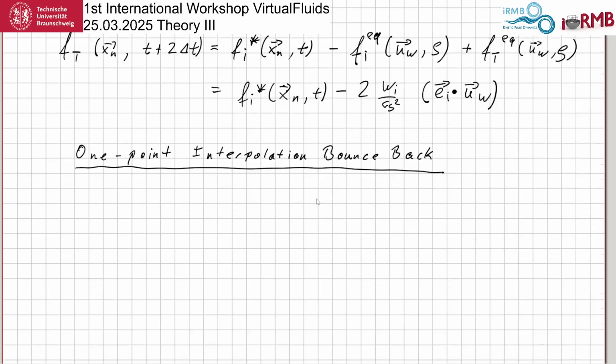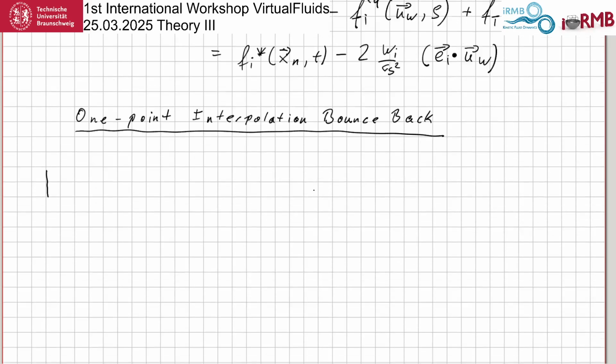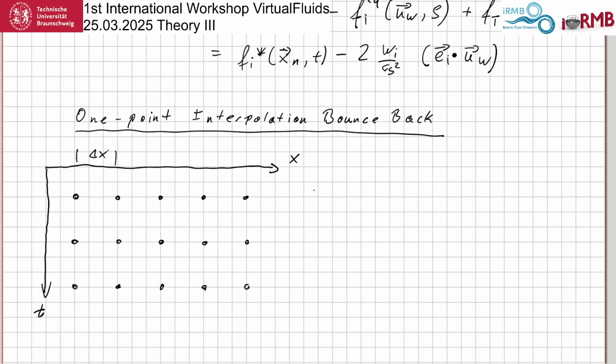For this, we need to look into our characteristic diagram in more detail. So I draw it a bit larger. Okay, maybe now I did it too large. So characteristic diagram, as always, this is x and this is t, and this is delta x and this is delta t.